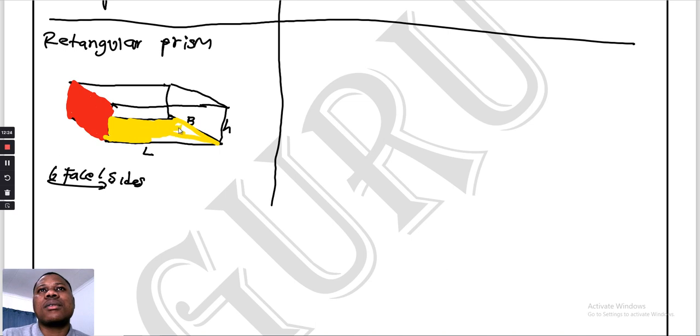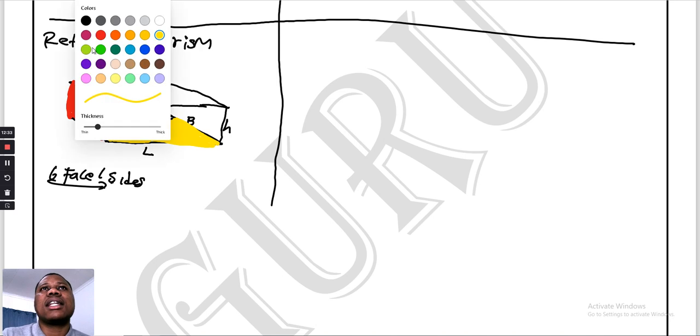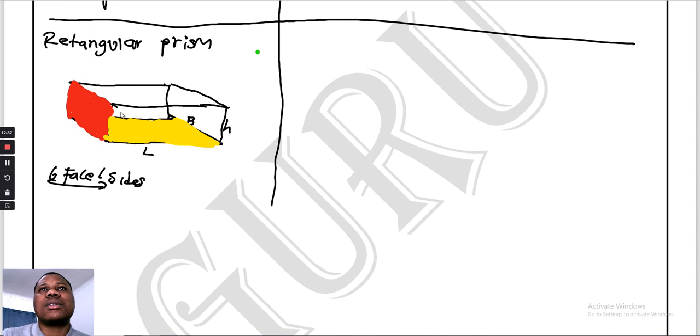Now I have painted 2 sides. Let me use green for the last. Green is going to be the one at the back.